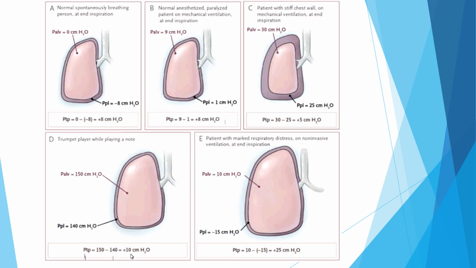So you have a patient in C that has low compliance, intubated, and you can see there's a lot of pleural pressure going on. So while their alveolar pressure might be reading 30, their pleural pressure is reading 25. So when you actually calculate it out, the transpulmonary pressure is only 5.